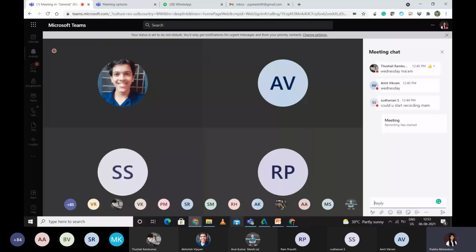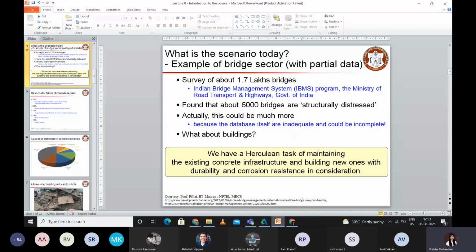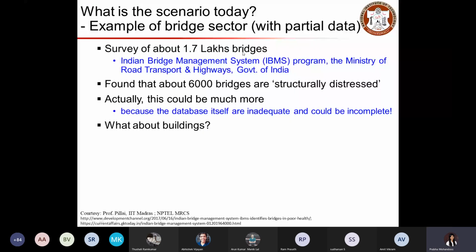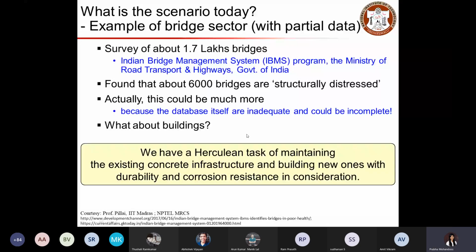And this is based on the data that we obtained from the survey, but in the actual scenario it could be more. If this is the case for structures, and there are a lot of buildings without any account of such things, this gives you a signal that our structures need to be taken care of periodically.